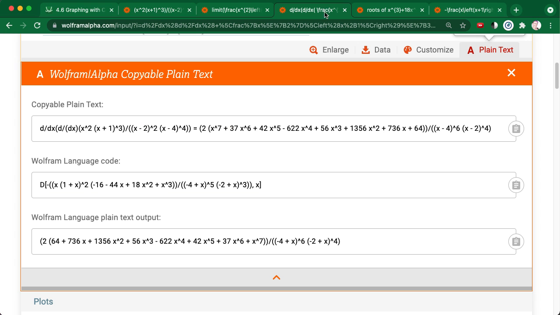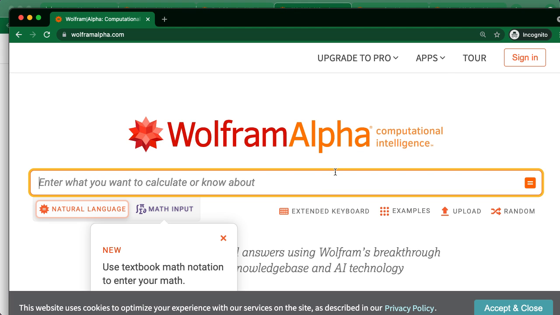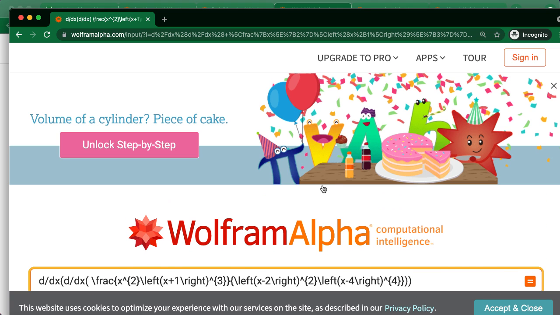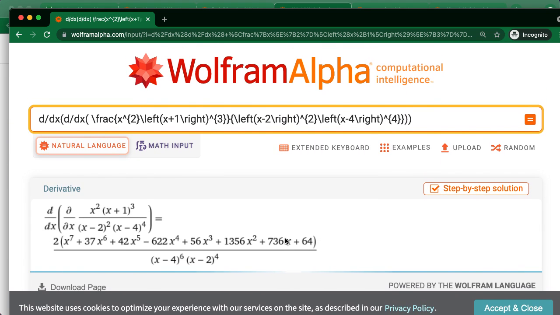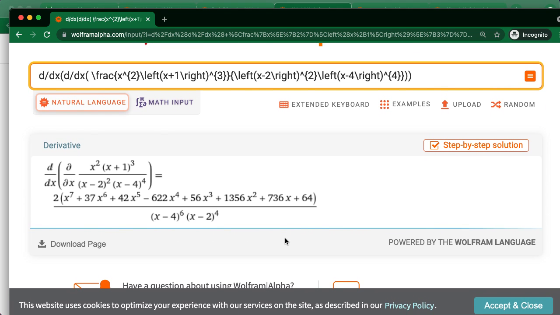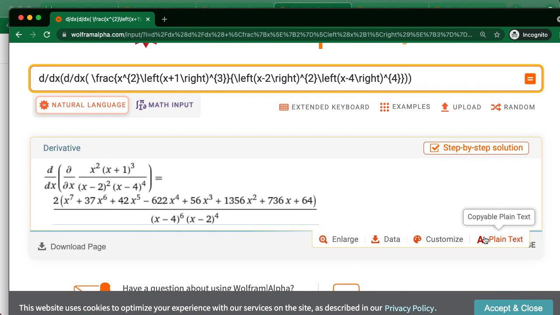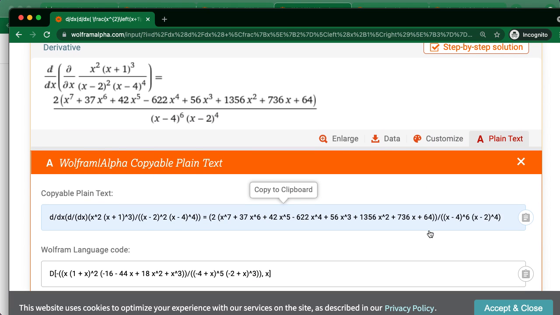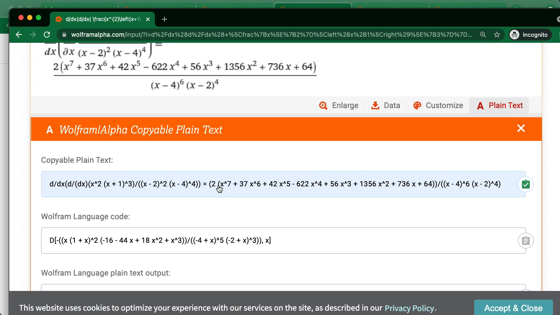Let's try plain text. Oh, it is available. Wonderful. Okay, so let's take this part, oh, it just says copied.